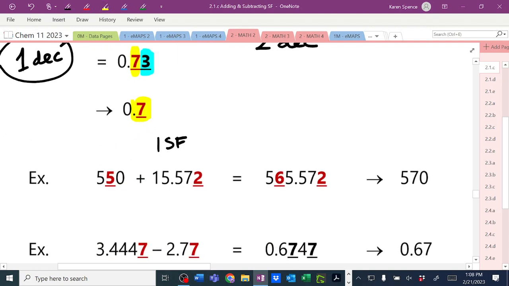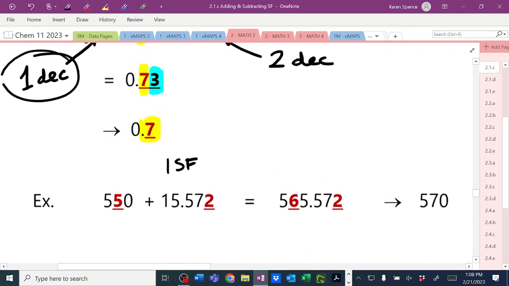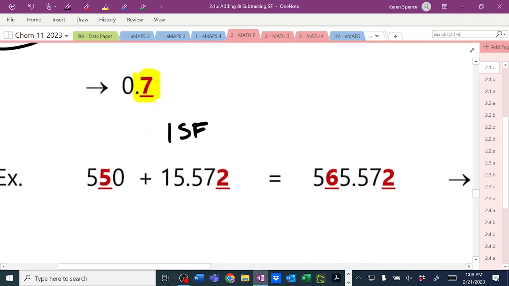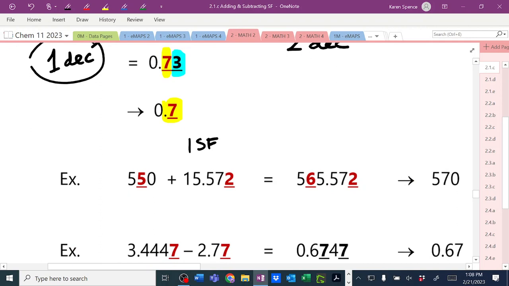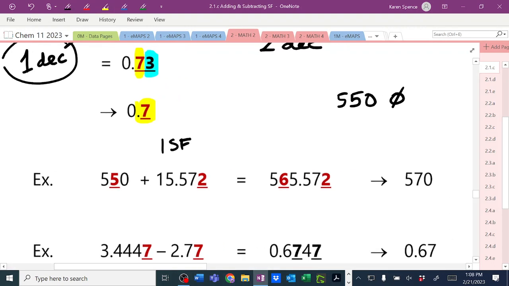And now we come to an example where decimal places are not so awesome, because how many decimal places are in the number 550 with no decimal? There aren't any, yes? 550 has 0 decimal places.